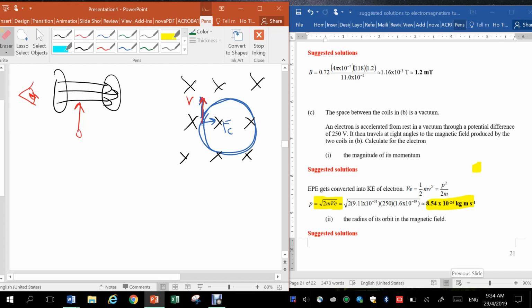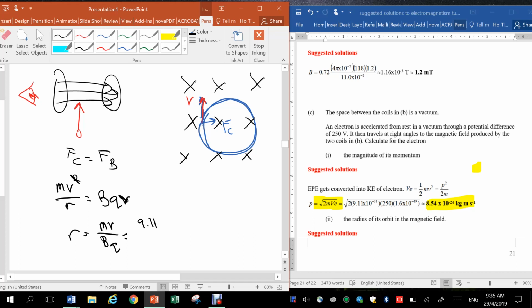Okay, so the radius of its orbit. Here the force is centripetal, so mv squared over r equals Bqv. The v and v squared cancel, so r equals mv over Bq. You'd have to sub in the mass of the electron, 9.11 times 10 to the power minus 31, and the velocity.